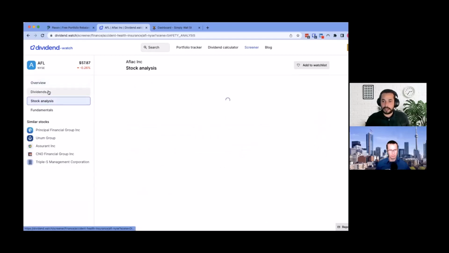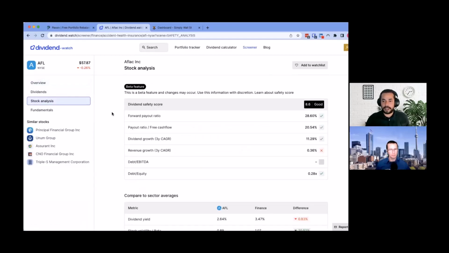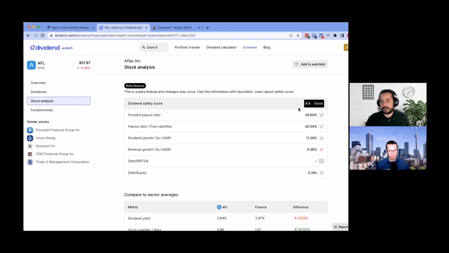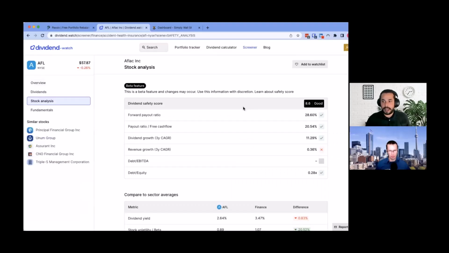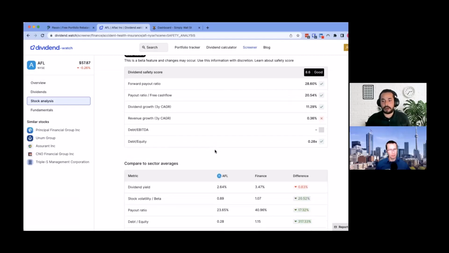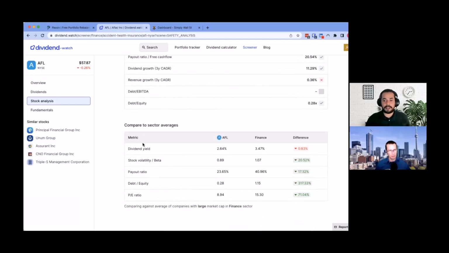They show you the score, which in this case is 8.6, which is relatively good. They show you what metrics they use to calculate this score. You can break it out and learn a bit more about the metric. They use a proprietary way to interpret all of this data and give you that score, but you can also compare it to the averages of the sector that particular stock is in.